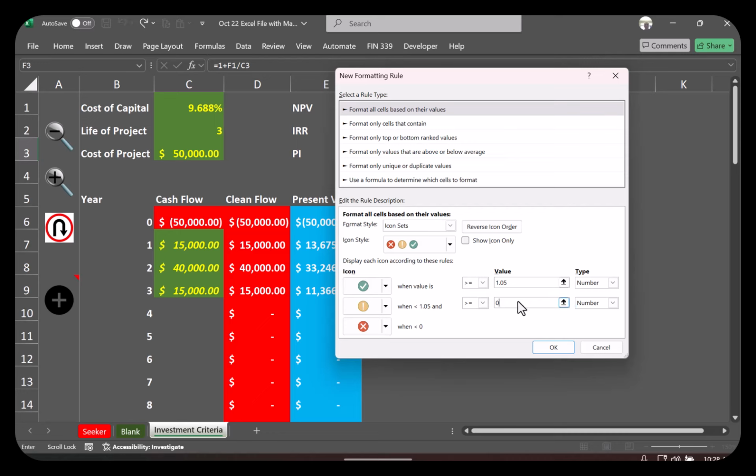Otherwise, if it's greater than or equal to 0.95, I'm going to give it a yellow caution sign. Otherwise, it's red. I'm basically saying if it's within plus or minus 5% of the cost, think about it before you make a decision. Otherwise, I'm telling you what to do.